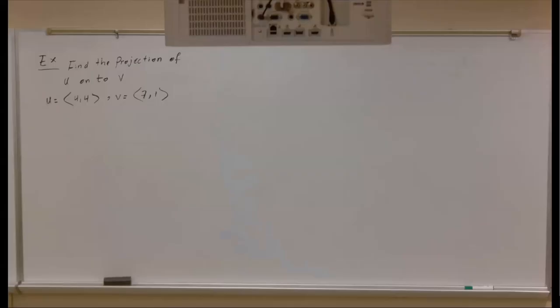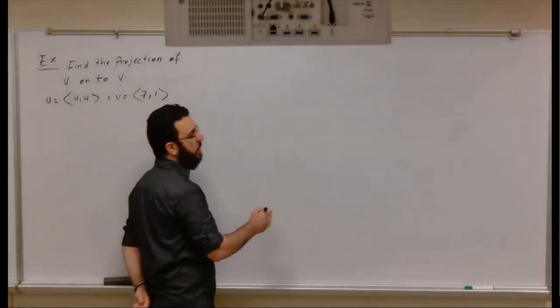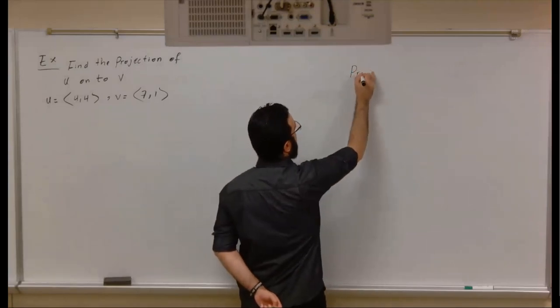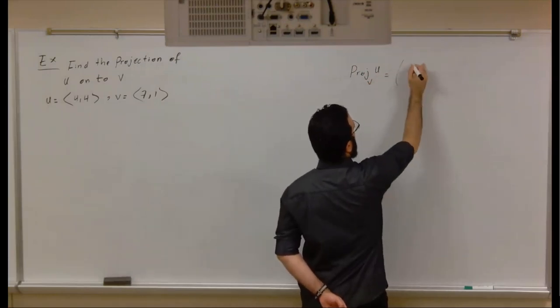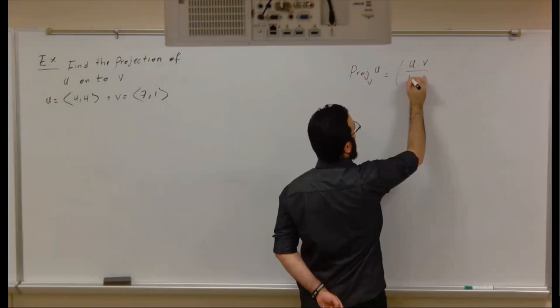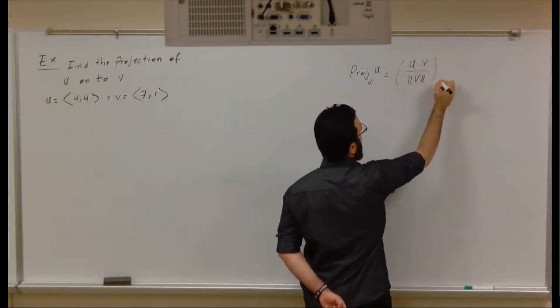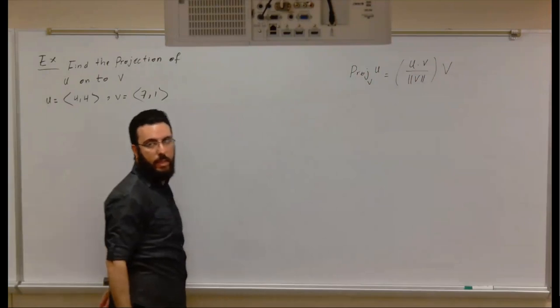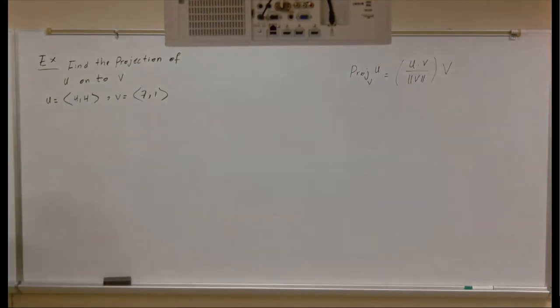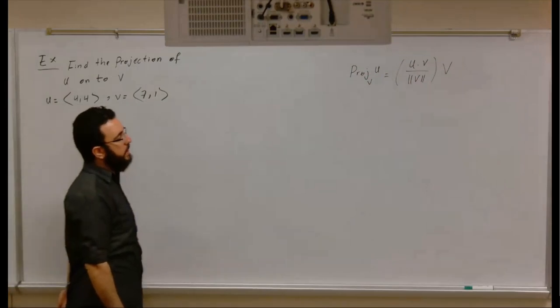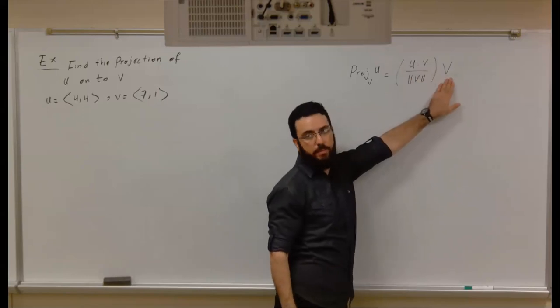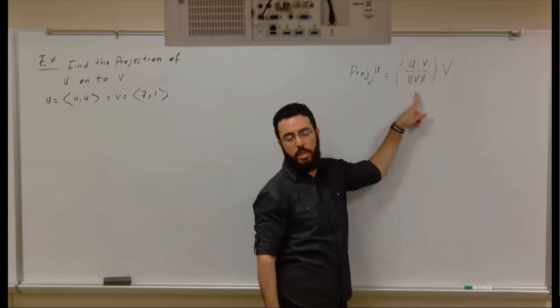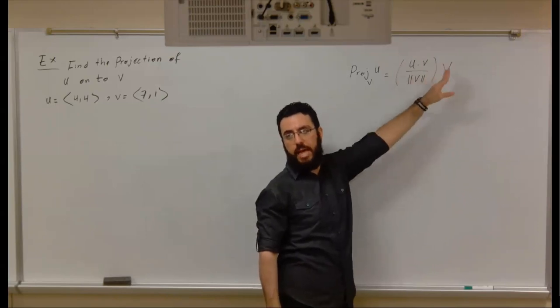So find the projection of U onto V, and again, be careful. Write down the formula. The projection of U onto V is going to be the dot product between U and V over the length of V, times V. Yes or no? The first thing we need is the dot product, and this is still a vector, so the whole thing between the parentheses is a number times the vector.